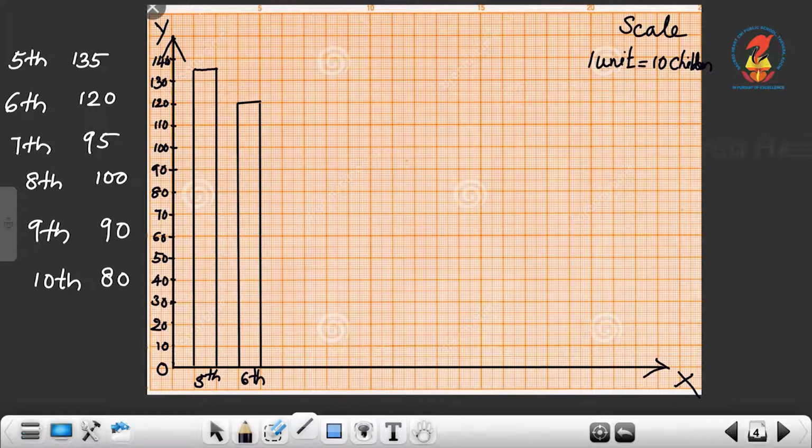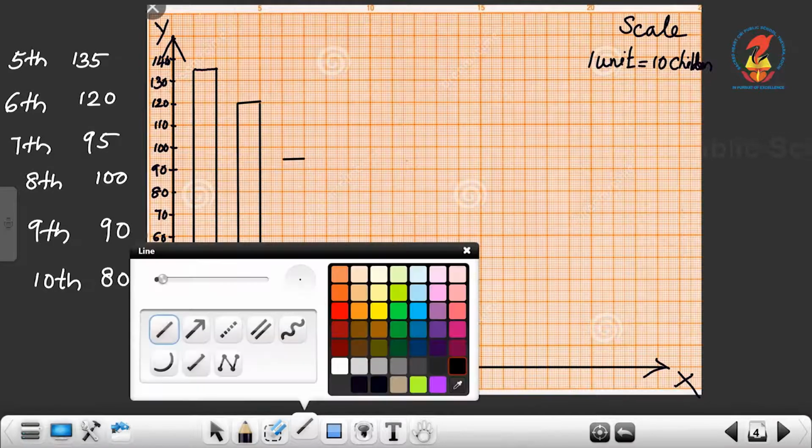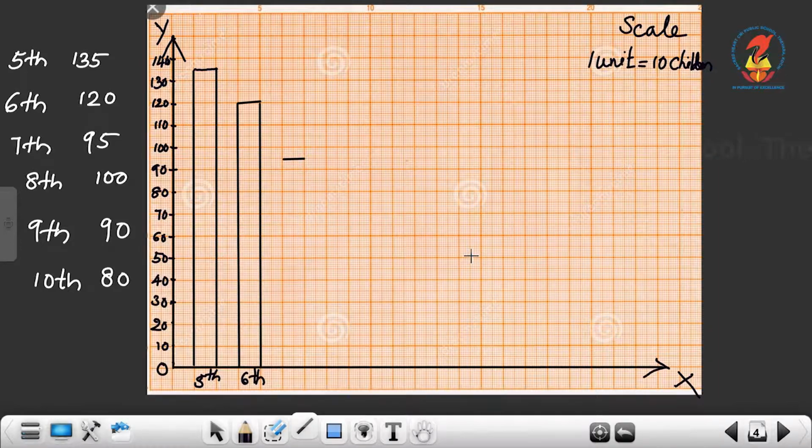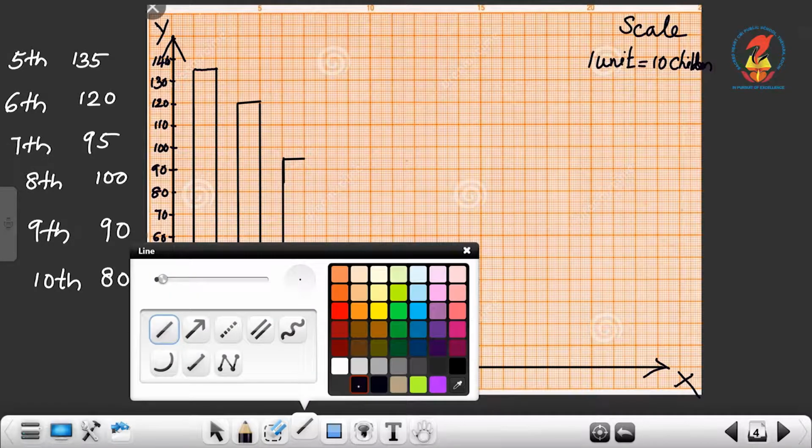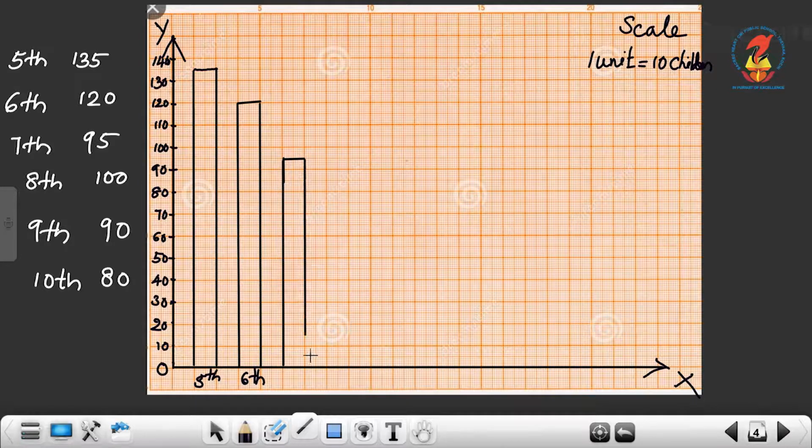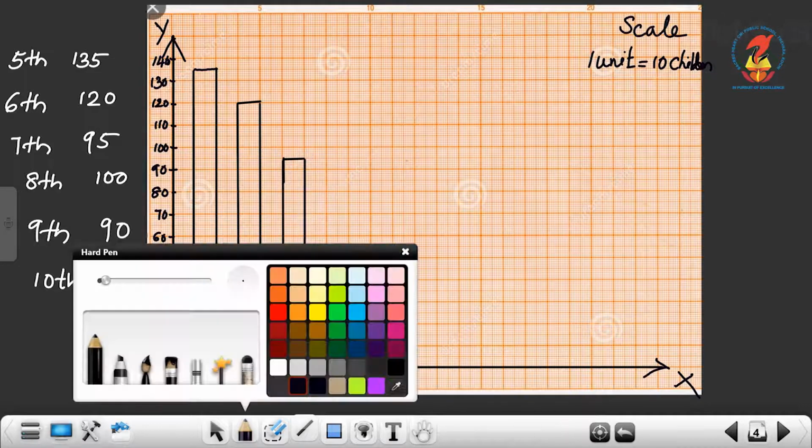Now look at that, you have to leave 1 centimeter, then 90 is here, 95 in between the, okay, and this one will be 7th.